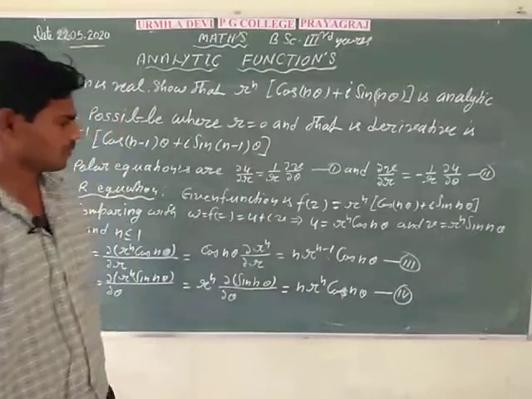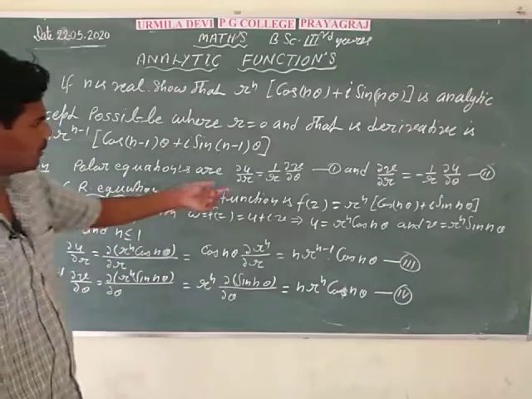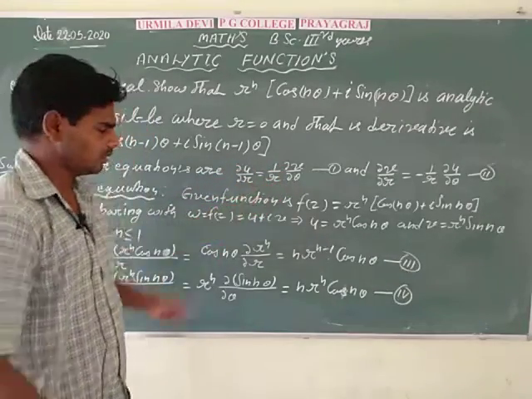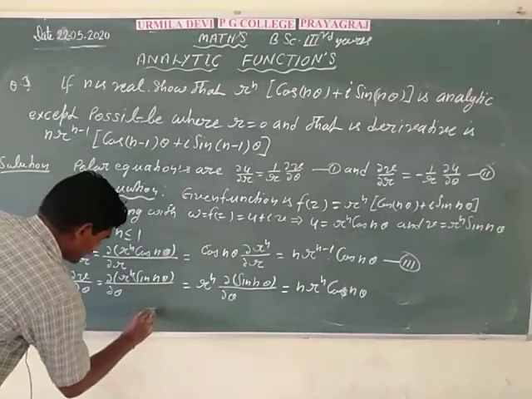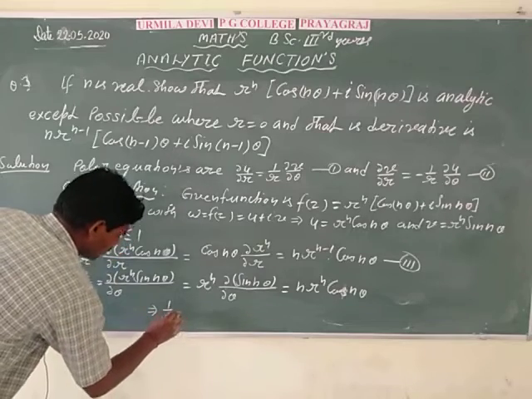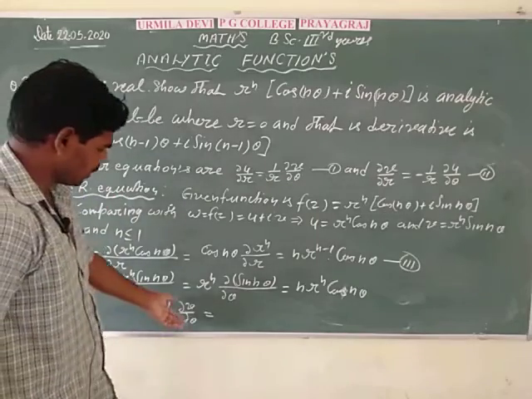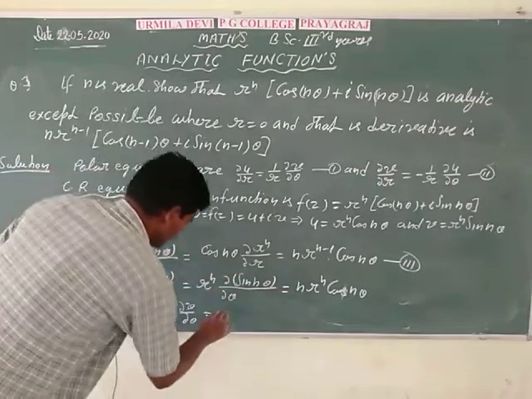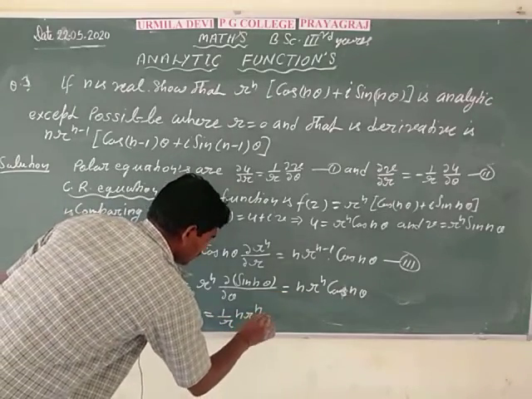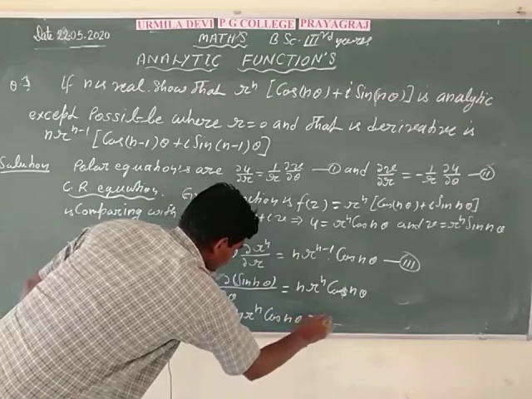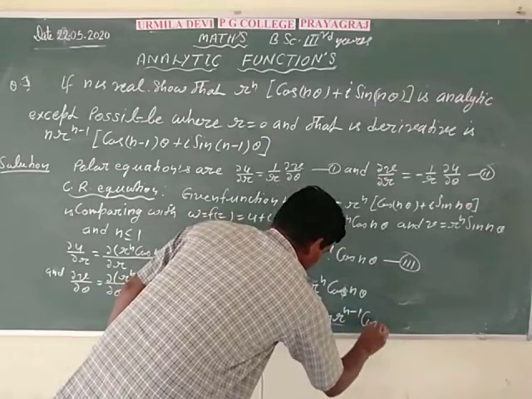So, from equation third and fourth, here also calculate the value of 1 by r times del v by del theta. Putting the value of del v by del theta here, 1 by r times n r to the power n cos n theta is equal to n r to the power n minus 1 cos n theta.